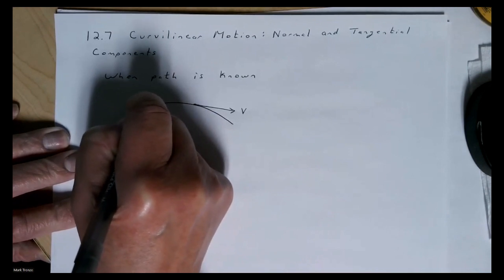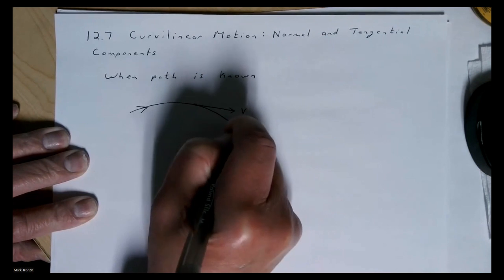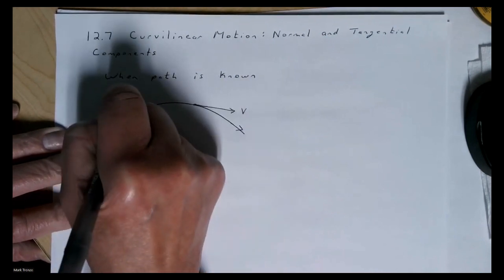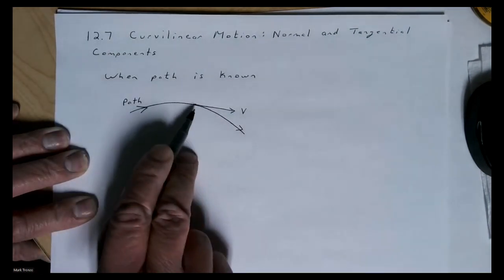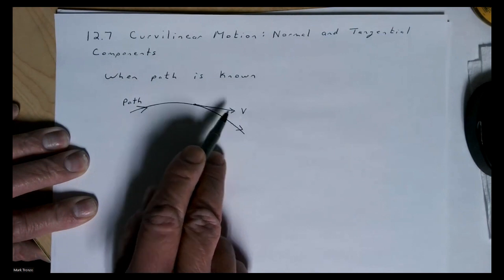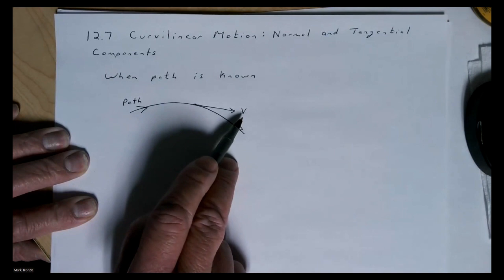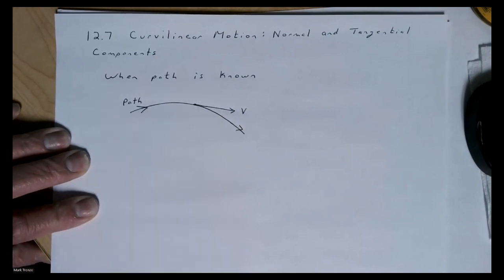So let's say this is the path here of the particle, and using the tangential velocity. Usually when we say v, it'll be the tangential velocity, since that's really the only velocity in this context that we'll have.